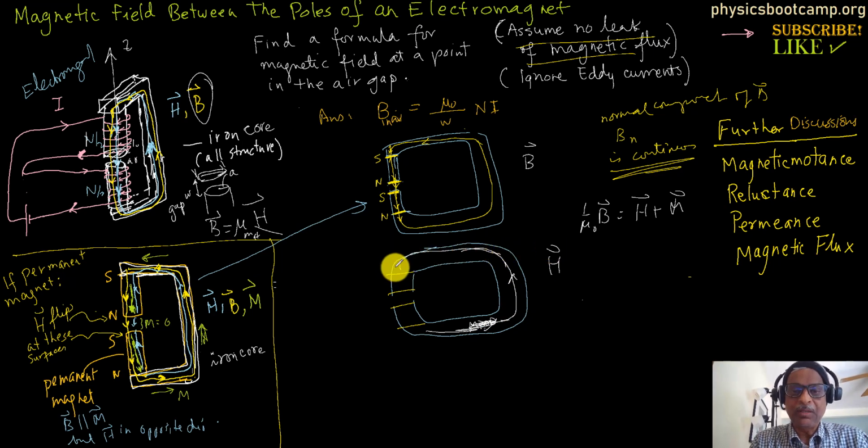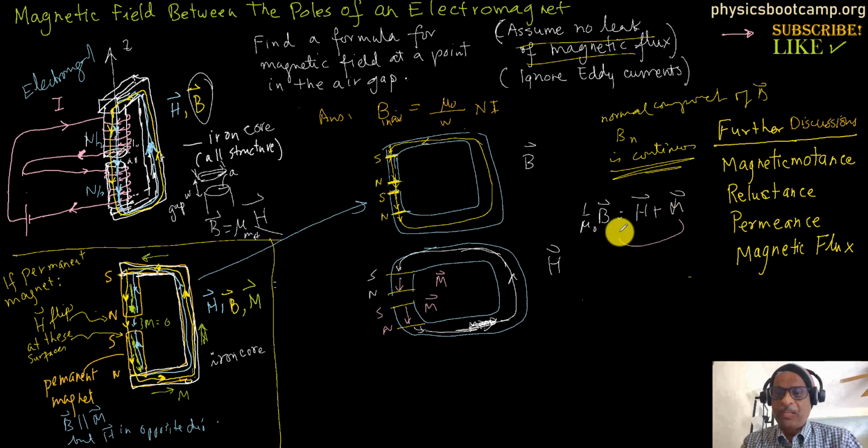But when it comes out here, over here, actually, I think this is the south pole and this is the north pole. So the M is this way. But if you put M on the other side, a high amount of M on the other side, then you can see the H will become negative.